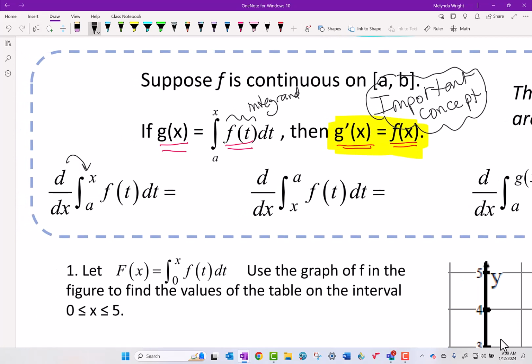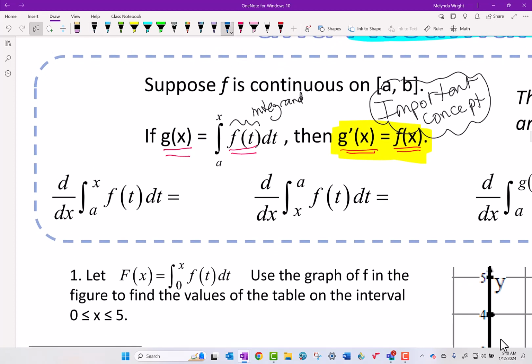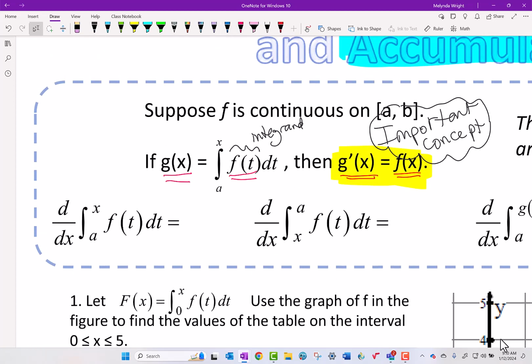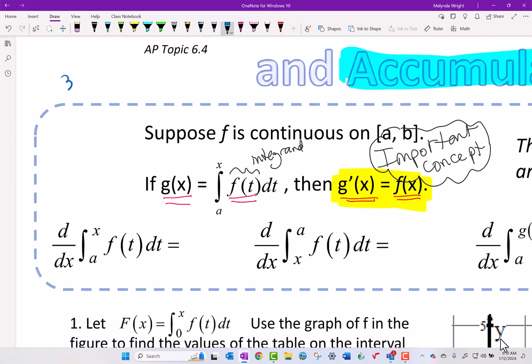When I take the derivative of, now this is weird, right? This is weird looking right here. The derivative of the integral, it's like, what? So let's just go back to, let's talk about 3x squared plus 2. All right, let's say that's f, 3x squared plus 2.